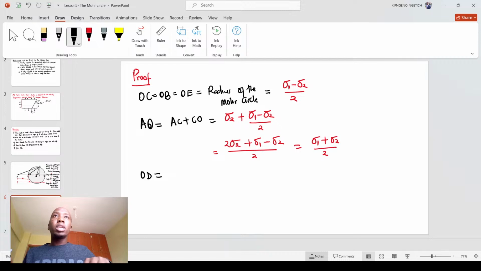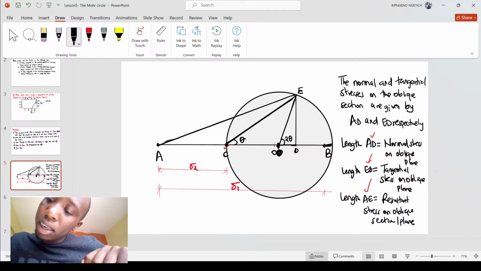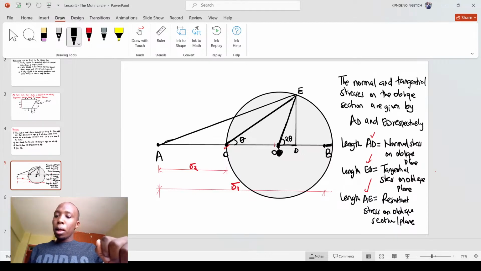For us to obtain the length OD, we already have the radius. Remember, we already have the radius. We will equate it using trigonometric equations. Using trigonometric equations, you can pause and remind yourself how trigonometric equations are obtained.